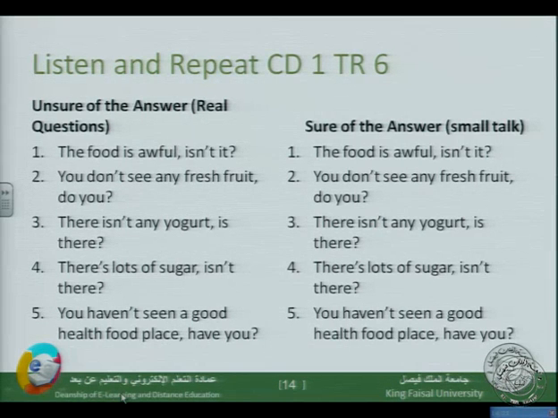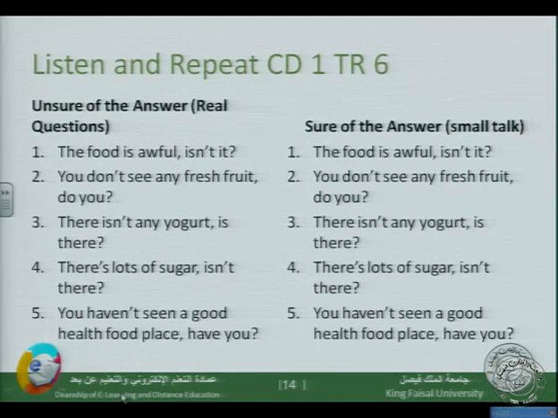Okay, let us listen one more time. Number 3. Unsure of the answer. There isn't any yogurt, is there? Sure of the answer. There isn't any yogurt, is there?